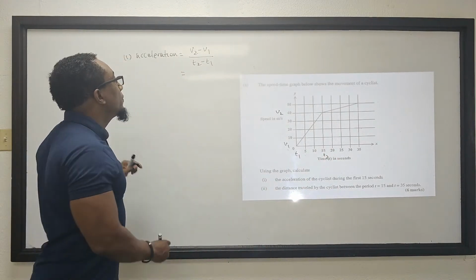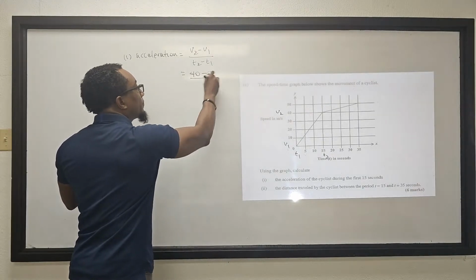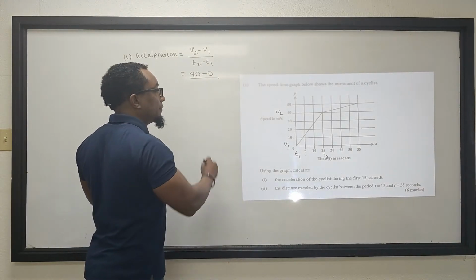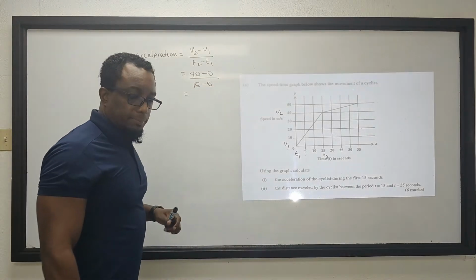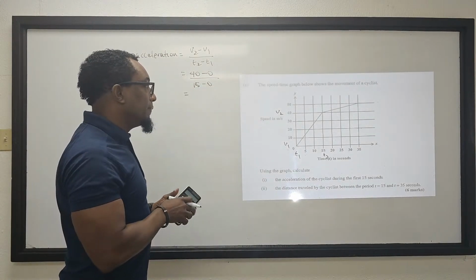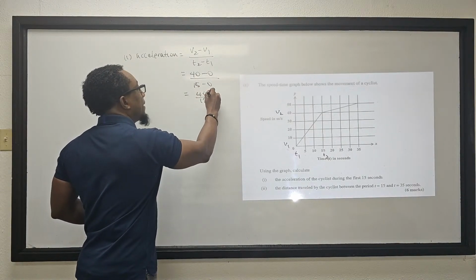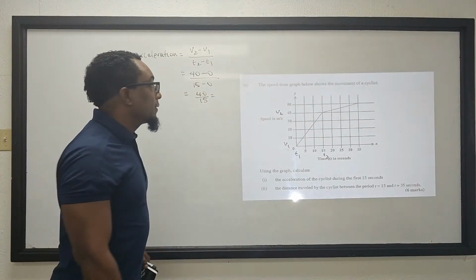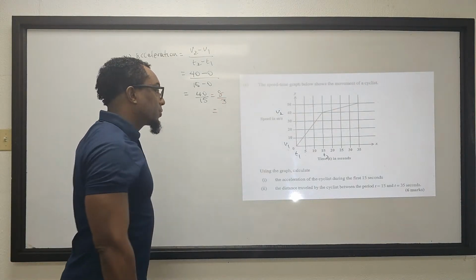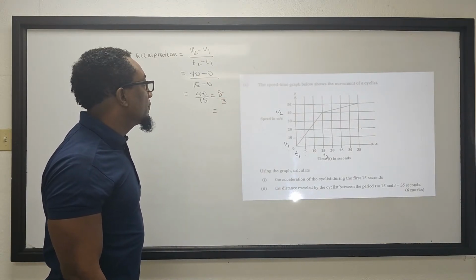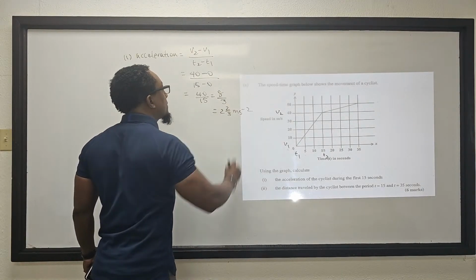So V2 is 40, subtract V1 which is 0, over T2 which is 15, subtract T1 which is 0. So our acceleration during the first 15 seconds will be 40 divided by 15. 5 into 40 is 8, 5 into 15 is 3. So the acceleration during the first 15 seconds will be 2 2/3 meters per second squared.